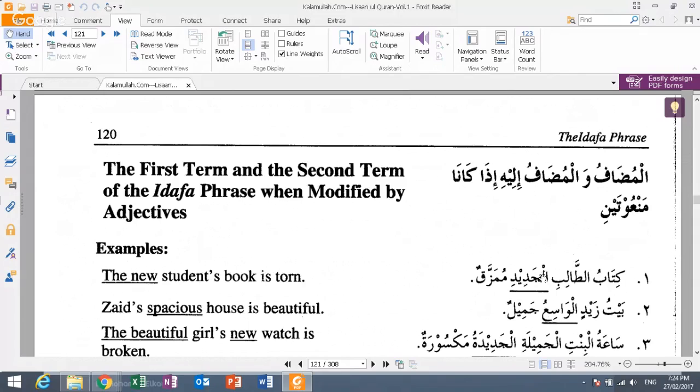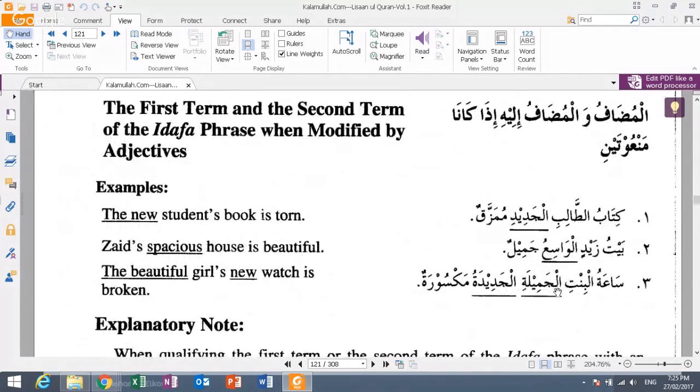And can you apply everything quickly? Recall. Test for you. Mawsuf sifat, case, marifa, case, jarri, and number. Wise. Excellent. Very good. Okay. So Kitabu Talibil Jadidi. And what happened? Khabar is muwazzafun. It's broken. It's turned. Now, see al-jadidi.